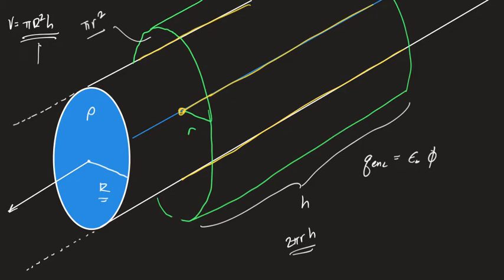Notice the switch to big R here, because the radius of the cylinder is capital R. So I am capturing this much of the surface area, and times h gives me how much of the charged cylinder is inside my Gaussian surface. I need the volume because enclosed charge is going to be rho times that volume.